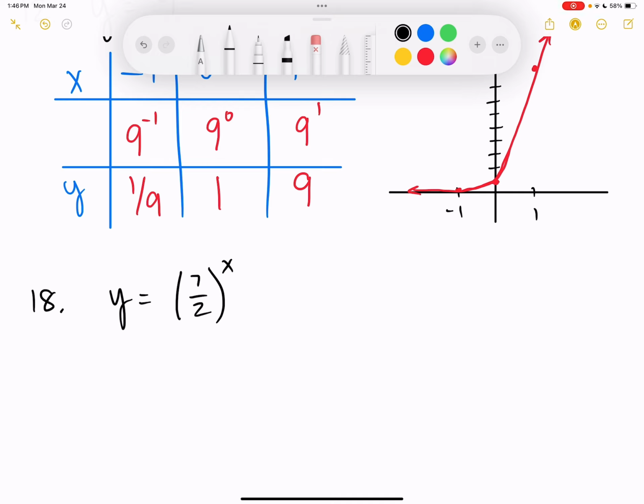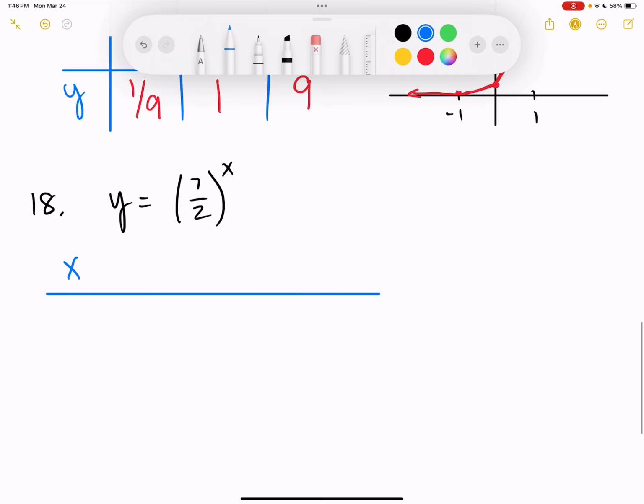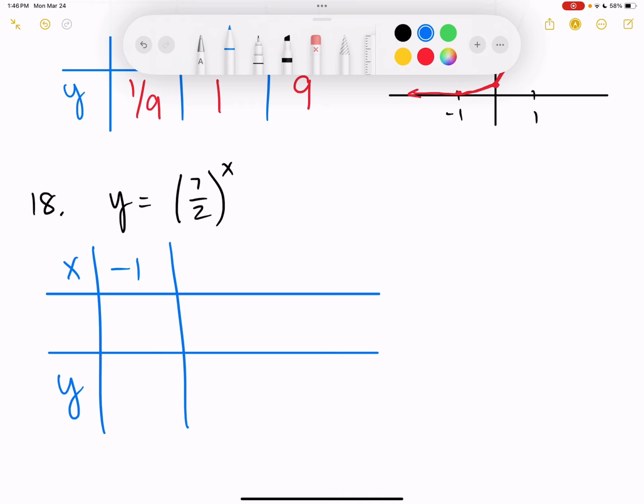About 3.5, right? So that's still a number bigger than 1. So it's still a growth function, and that'll be more in play tomorrow when we have ones that aren't bigger than 1. But I'm going to do the same thing, set up a table. I'm still going to use -1, 0, and 1.